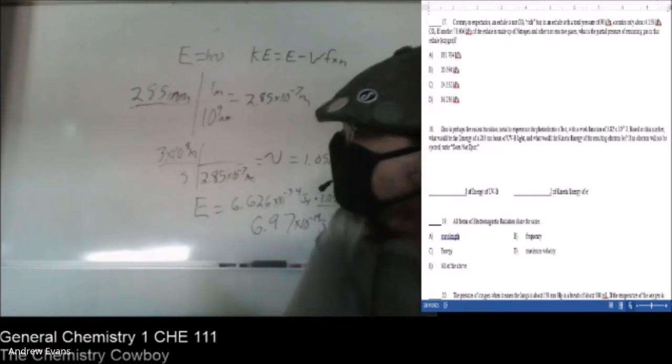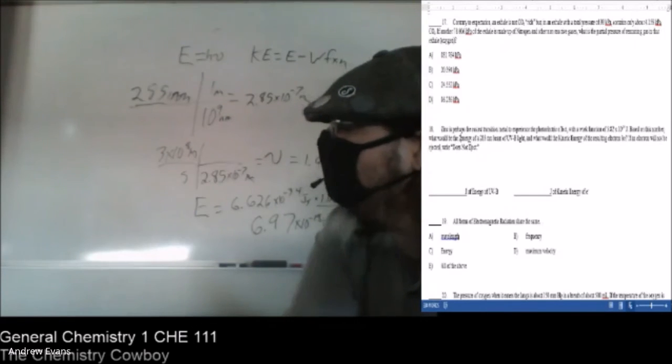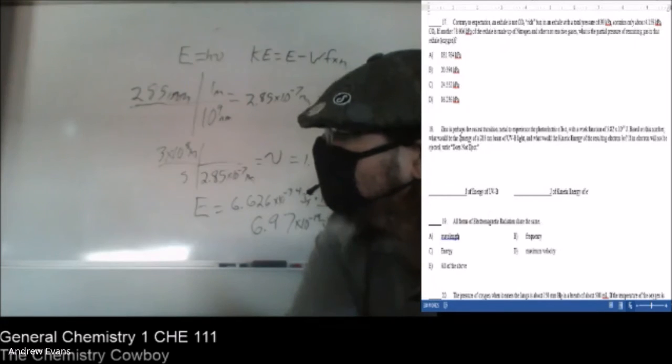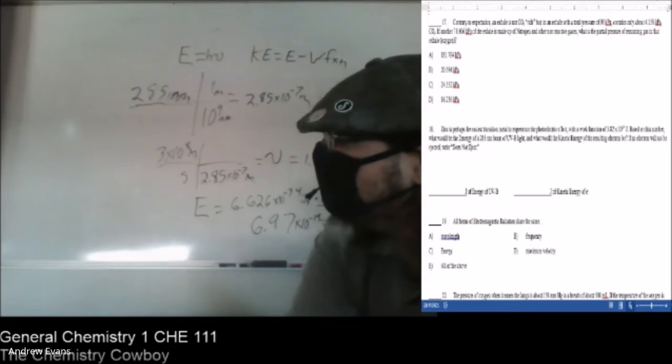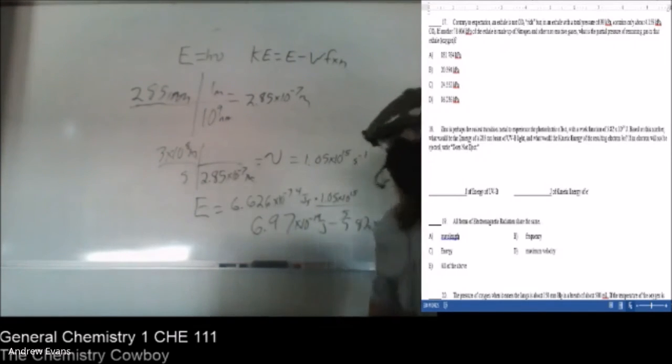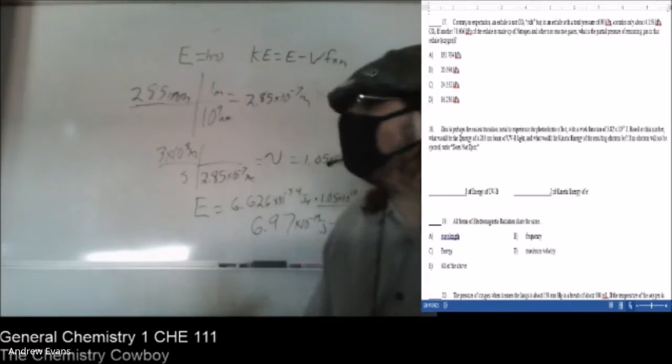The last question: all of the electromagnetic radiation share the same what? Correct answer is maximum velocity. All EM radiation can go at the speed of light. They're all types of light energy.